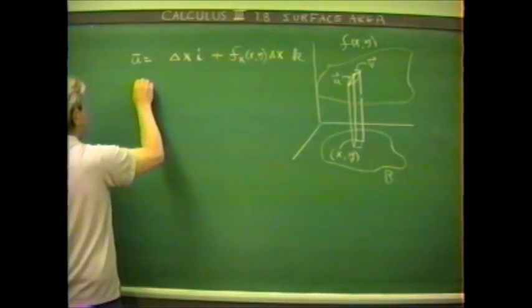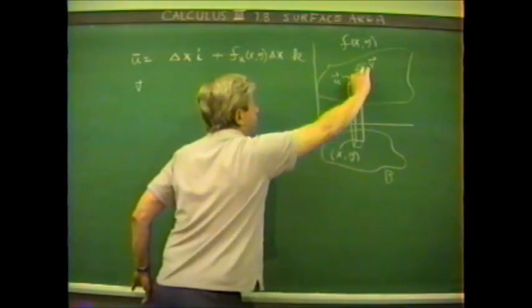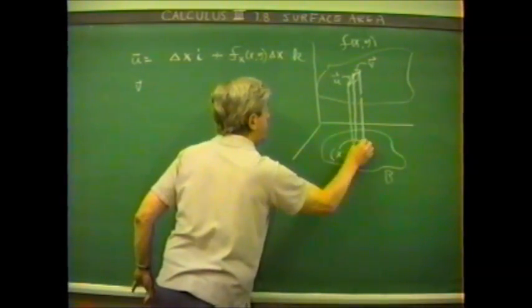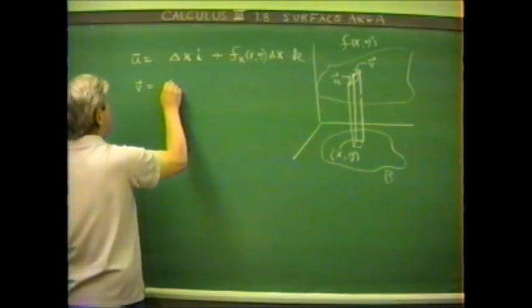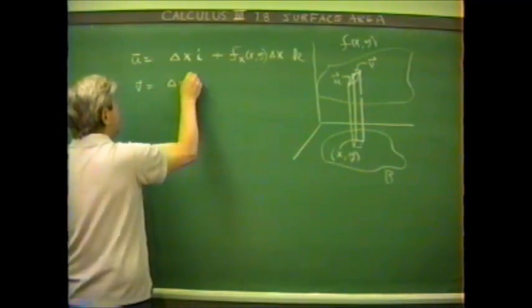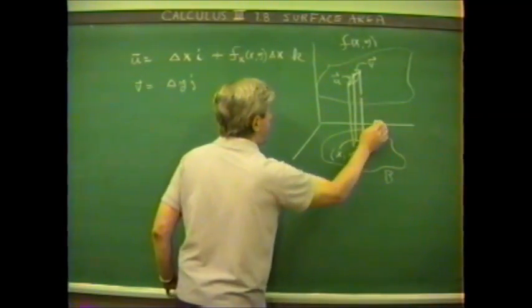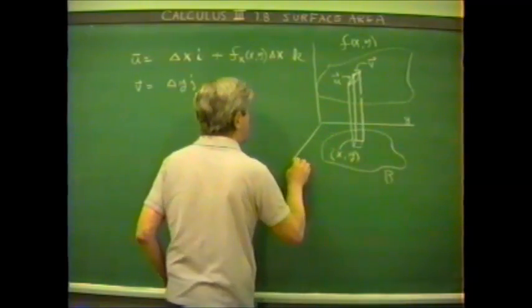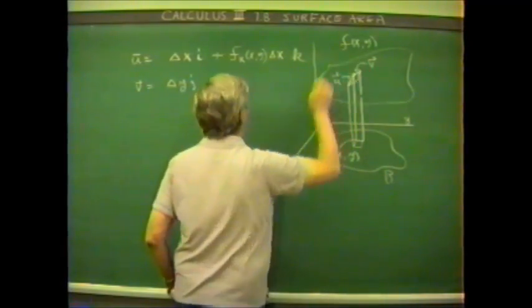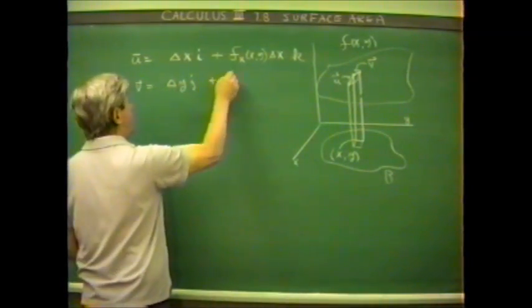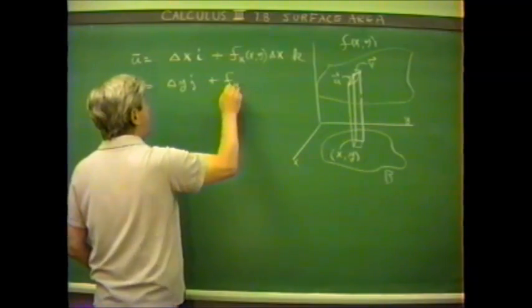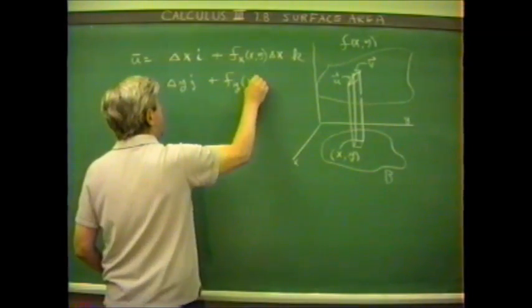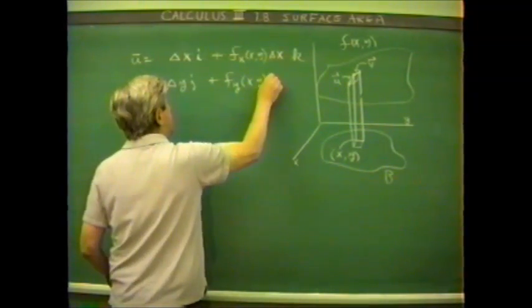The vector v lying in the tangent plane and going from here to here is going to be delta y in the j direction, the y direction here, and then it's going to go upward or downward depending on whether this is positive or negative, partial f with respect to y at x and y times delta y.